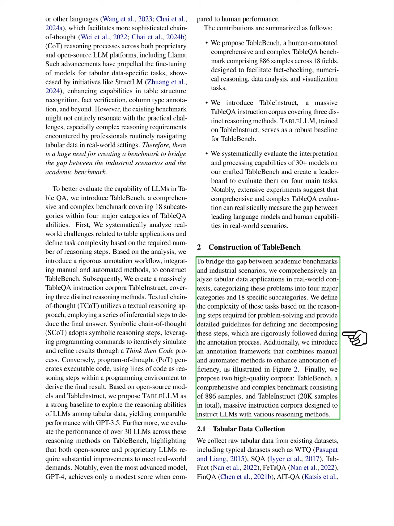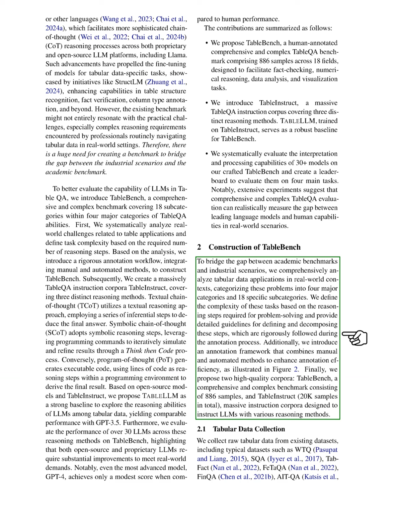To construct TableBench, we analyze real-world applications of tabular data, categorizing problems into 4 main categories and 18 specific subcategories. We define task complexity based on the reasoning steps needed for problem solving and provide clear guidelines for these steps, which are strictly followed during annotation.